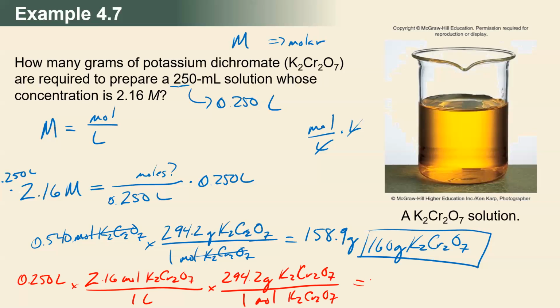So that's how you would write it out as a single string for dimensional analysis, conversion factor kind of thing. Why do we round it so high? So we only had 2 sig figs in our volume, 250. And so we're going to leave it at 2 sig figs in our answer.